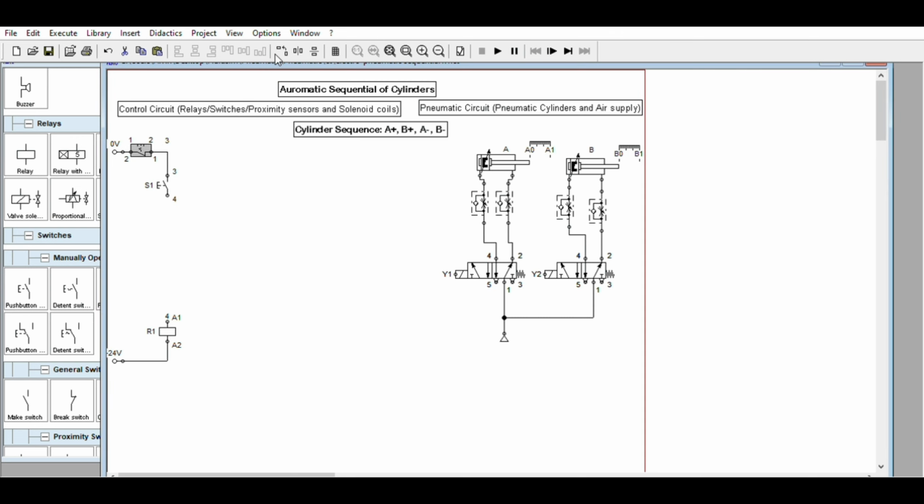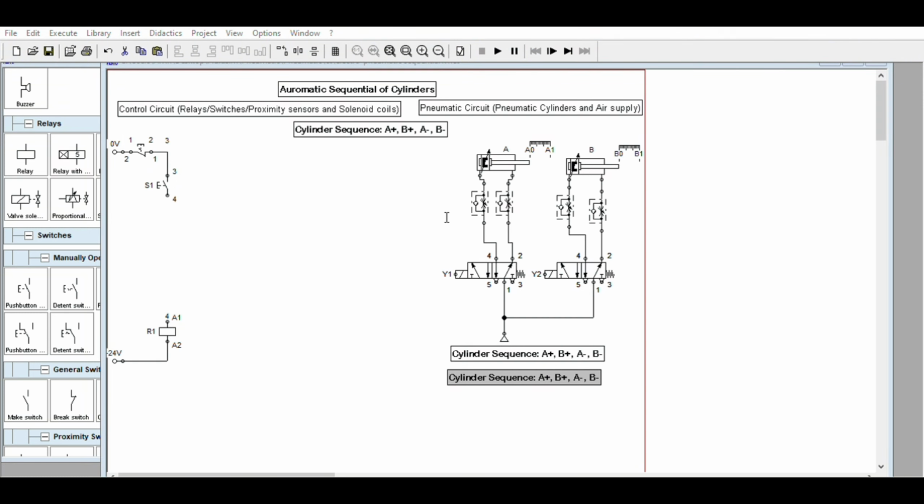We have some rules and tips on how to do this. We have to determine the cylinder sequence. Okay, this is the cylinder sequence. If you have two cylinders, that is also the number of solenoids.